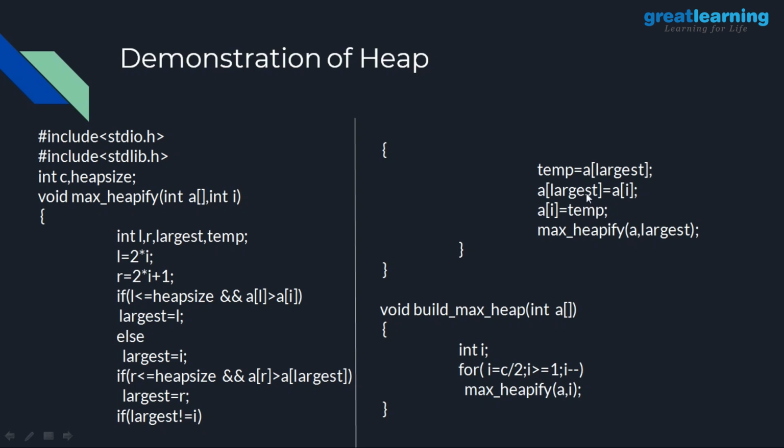If not, we make the changes and replace that maximum element with the root node. Once done, we check whether the node that we have changed is also following the same property or not. If not, we will again call max heapify on it.